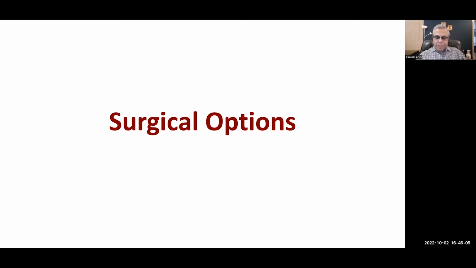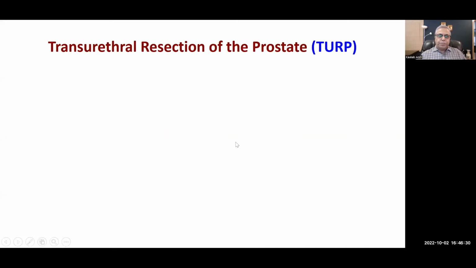It is known as TURP. But there are many new minimally invasive techniques or procedures that have been developed, and they are continuously being refined, and they have been adopted by many urologists, particularly in Australia and South Africa, and perhaps in other countries as well. All right, so we will very quickly go through this section.